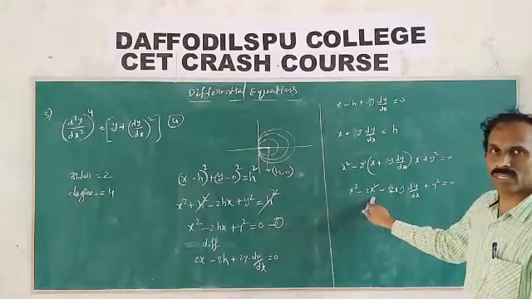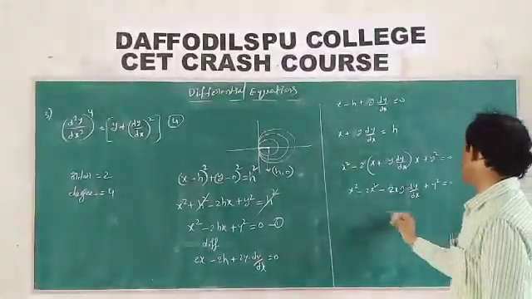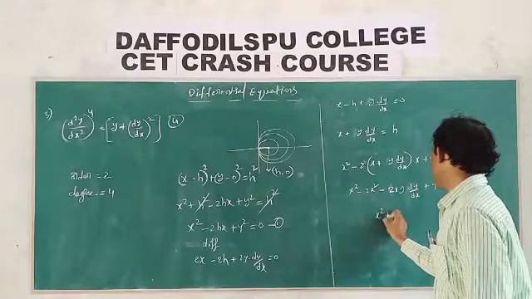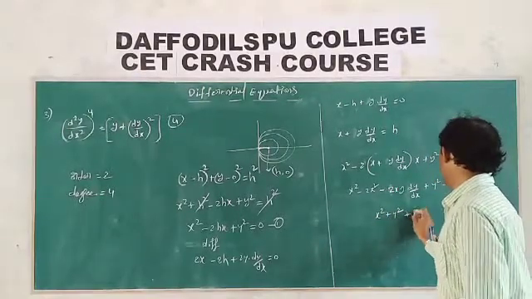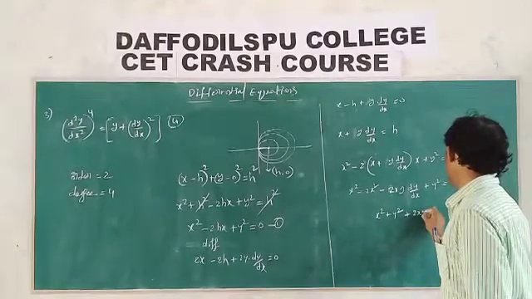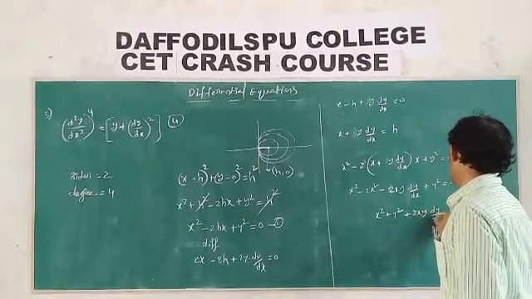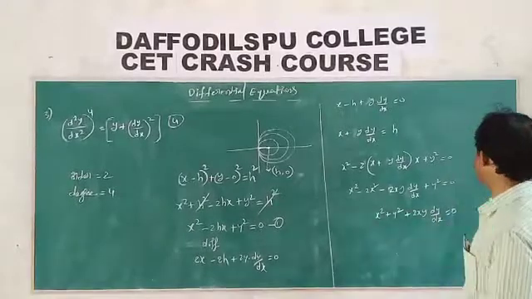Combining x square minus 2x square, that gives minus x square. So we get y square minus x square minus 2xy dy by dx is equal to 0. Shifting that side, x square plus y square plus 2xy dy by dx is equal to 0.